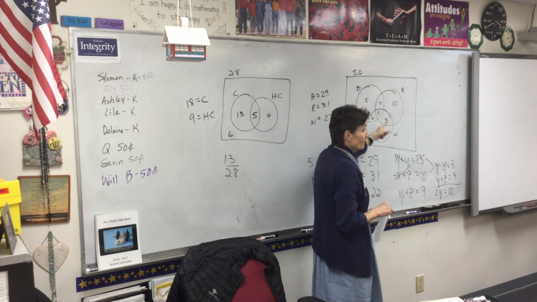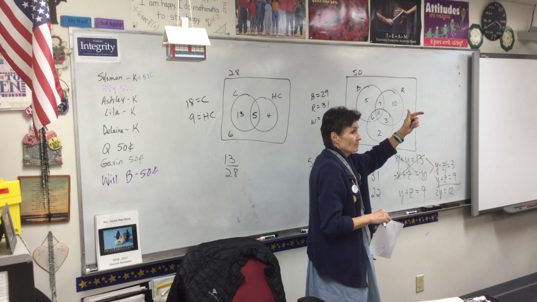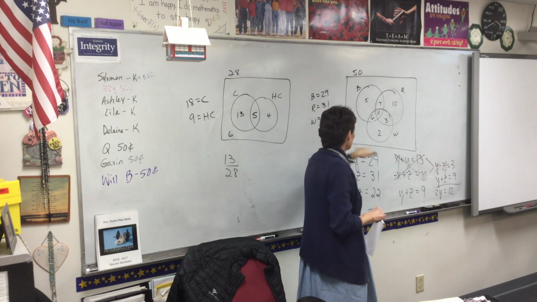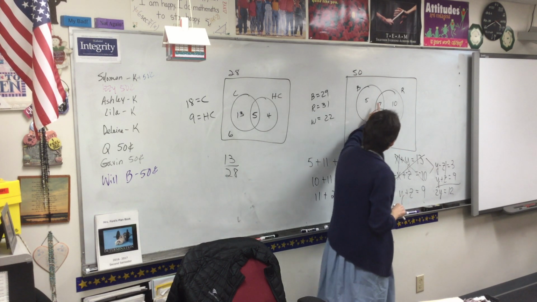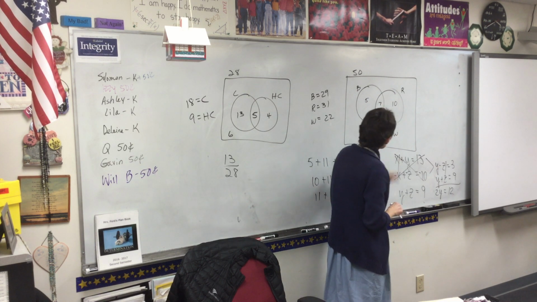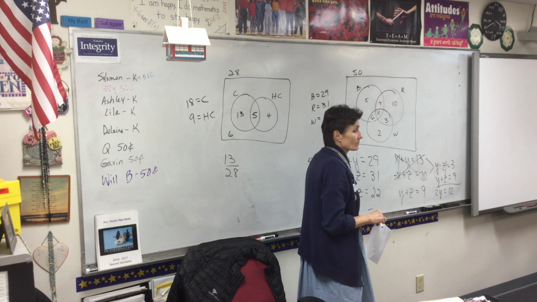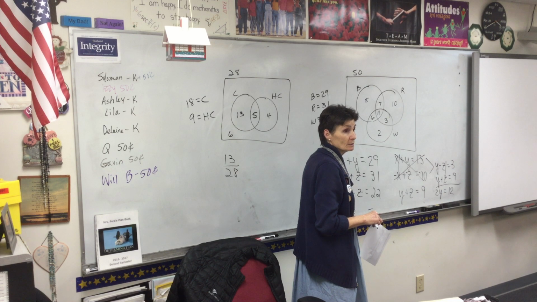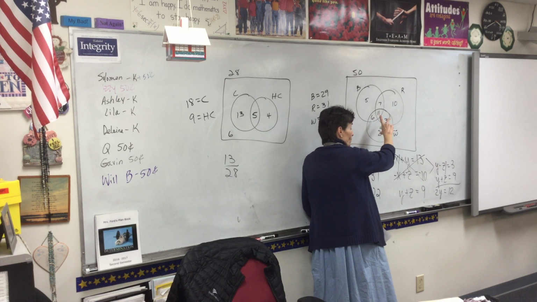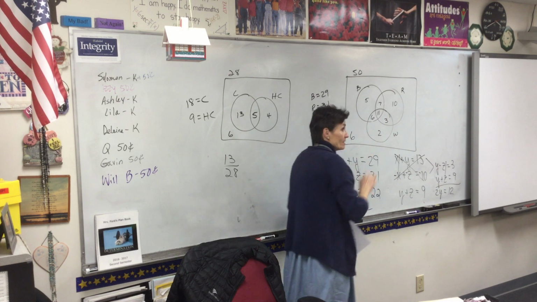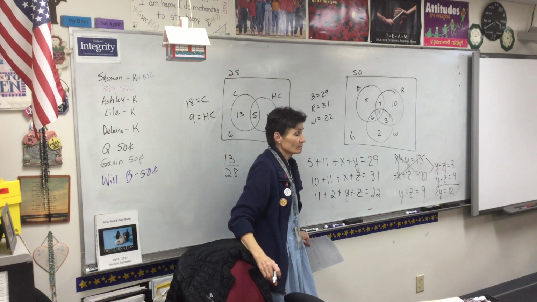If there's 50 of them, then everybody drinks Gatorade. But if there's not 50 of them, then we know some of them don't. So what do we get when we add up every single one of these individual numbers? 44. So there's 44 people in the circles, which means there's 6 that don't drink Gatorade.